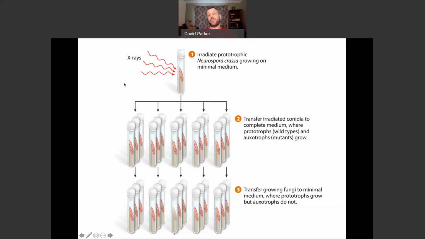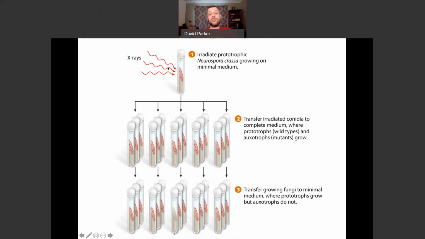They need all of those to grow. If they don't have one of those amino acids, they're dead. This minimal medium does not contain any of those amino acids. What it does contain, though, is precursors that this mold can use to make those amino acids.